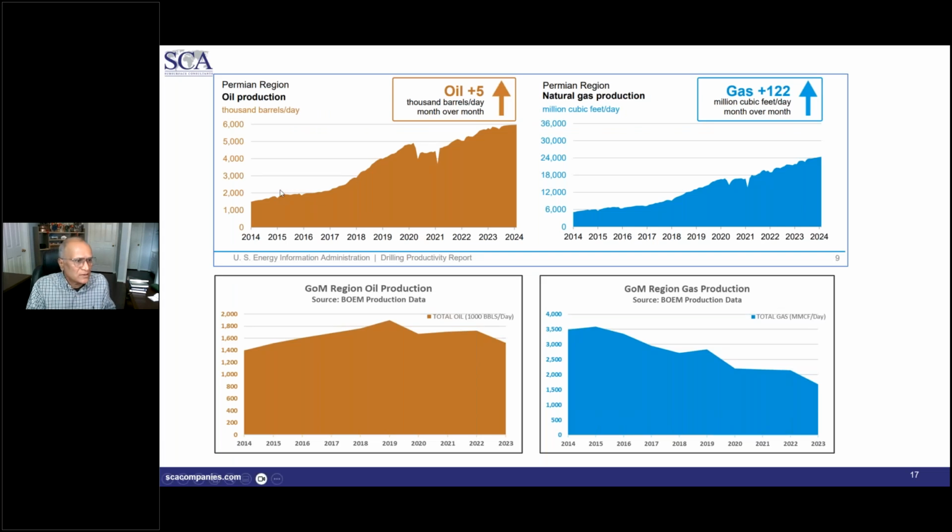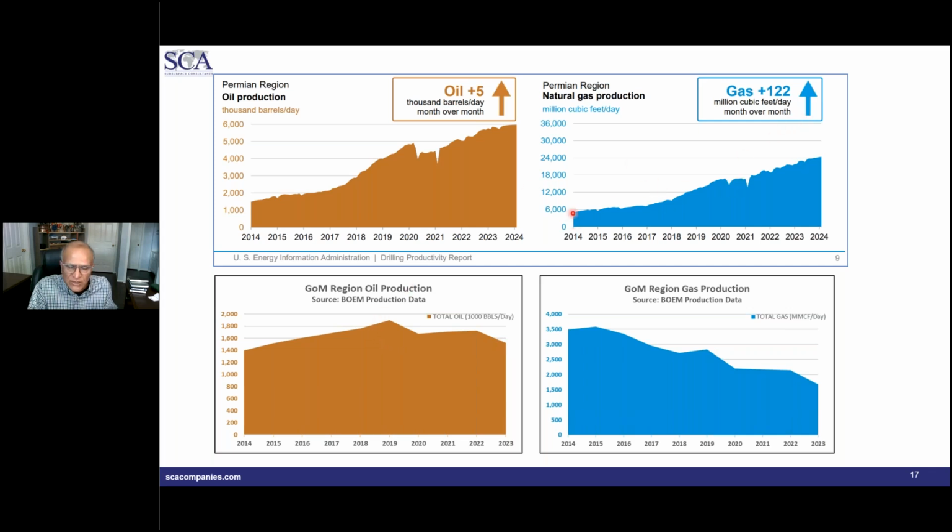Now, one thing worth mentioning is that between 2014 and now, the last 10 years, Permian Basin production has moved all the way from 1.7 to right now around 6 million barrels. Gulf of Mexico is more or less flat. You can say 1.4 bumped up to 1.8 and now it is back to about 1.45 or so.